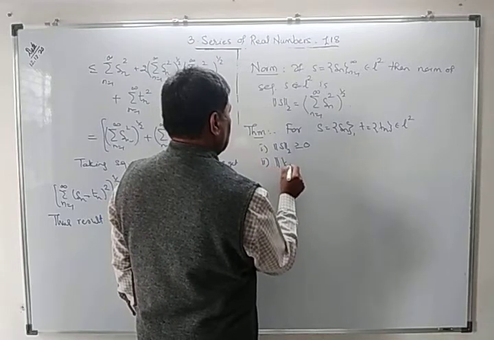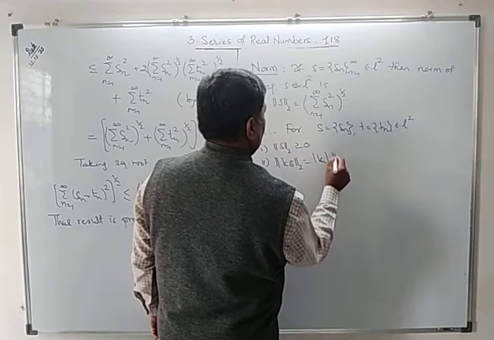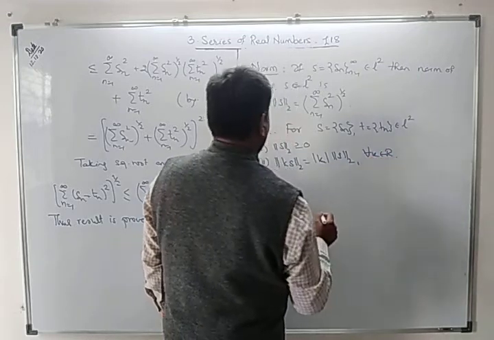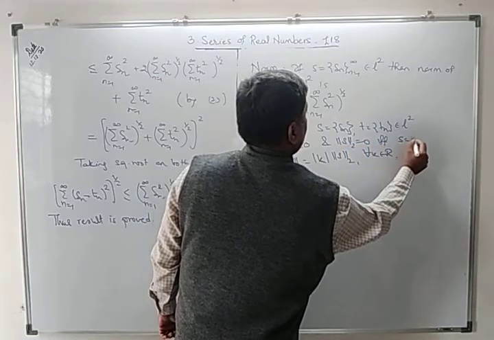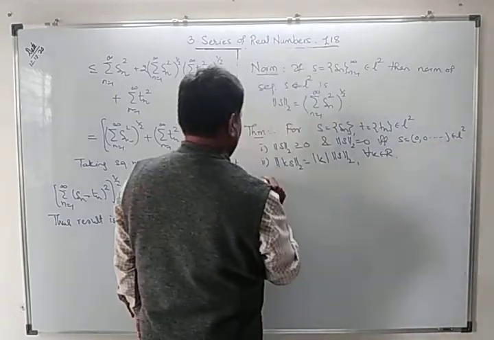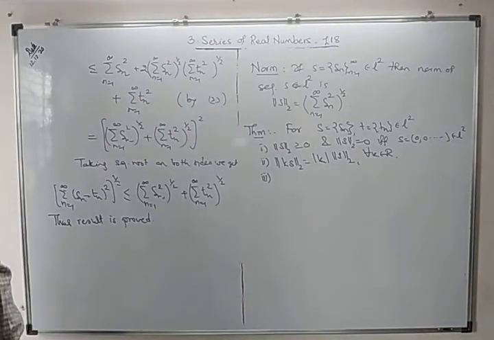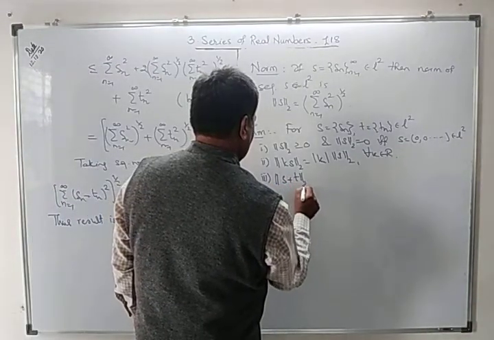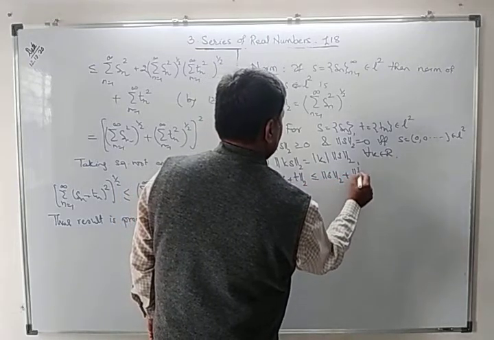Second, norm of k times S 2 is equal to mod k into norm of S, for any k belonging to R, and the norm of S 2 is 0 if and only if S is equal to 0, 0, 0, that is, S is the zero sequence. Third, the triangle inequality: norm of S plus T is less than or equal to norm S plus norm T.